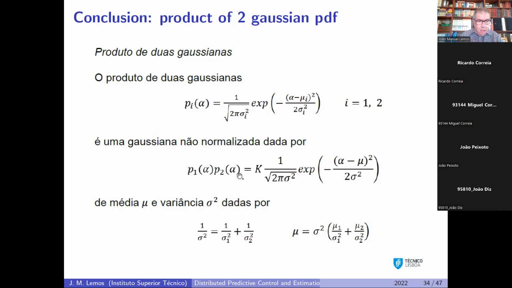That is to say, there is a constant here, which is also a Gaussian, and the covariance of this product is given in terms of the covariances of the original Gaussians in this way, and the mean is given in terms of the means and the covariances in this way. Okay. The proof of this result is done in previous slides, so I'll let you read the slides.